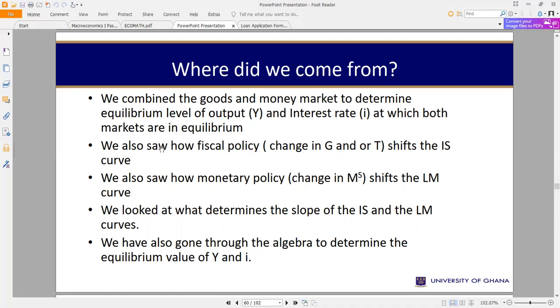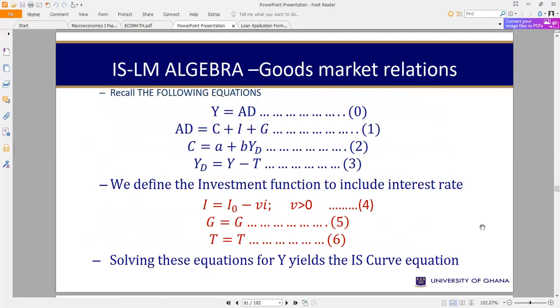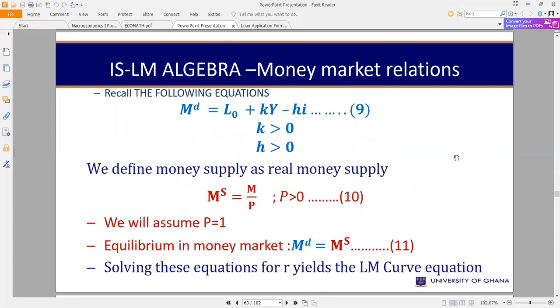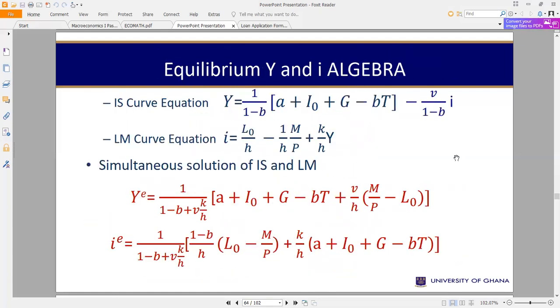We also looked at the determinants of the slopes of the IS and the LM curves, and I'm sure you remember all those things. Remember, it was the slope that we were using for the policy effectiveness. Okay, and we also went through the algebra to get equilibrium Y and then I. So far, those are the things that we have done. This is just the algebra, something that we already know. So let's not waste time here.